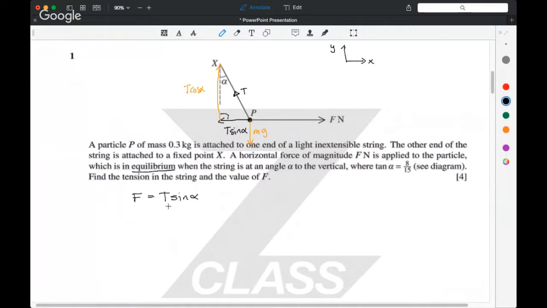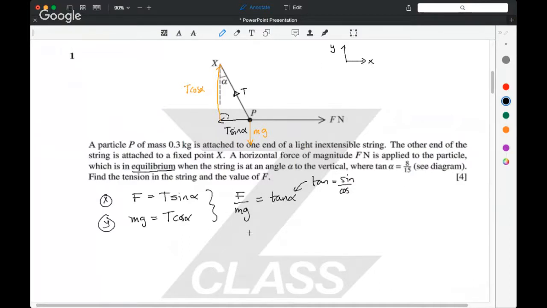So we have in the y direction, so this was the x direction, in the y direction, we have that mg must be equal to T cosine alpha. So if I divide these two, on the left hand, I get F over mg being equal to tan of alpha, because the tan is equal to sine over cosine.